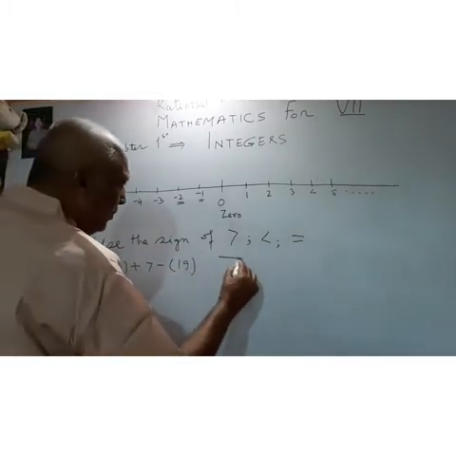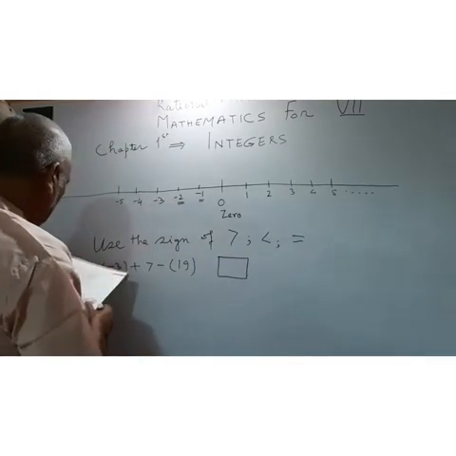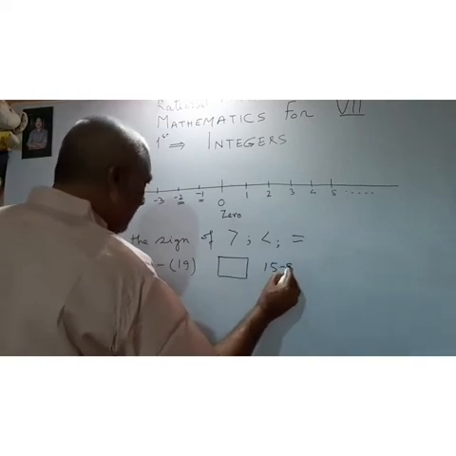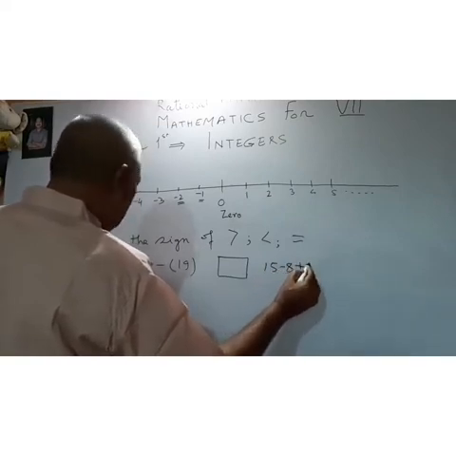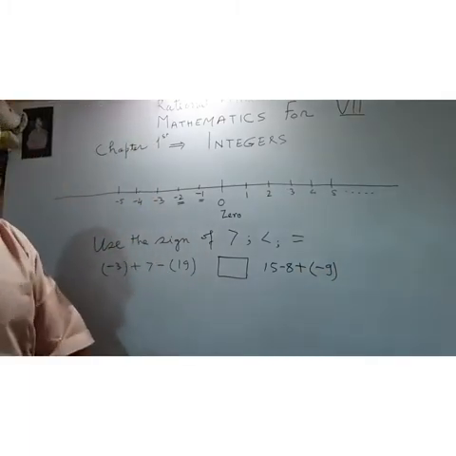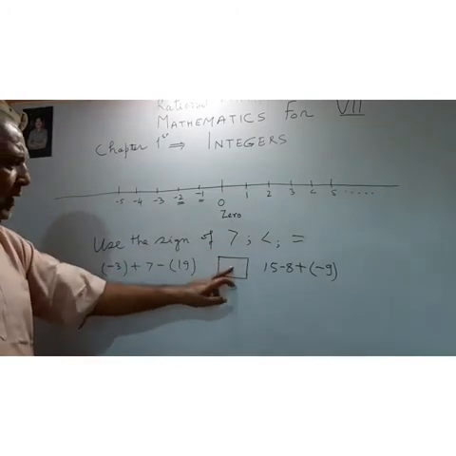Here you have to make your sign. 15 minus 8 plus minus 9. You see here, what sign will be here put in?